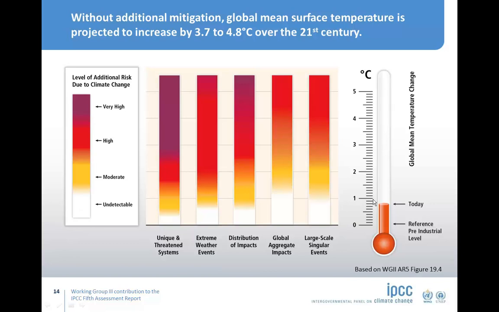Here's our temperature increase, and it's quite a simple diagram, but what you can see, in simple terms, the higher the global warming, the increased risk to threatened systems, extreme weather events, distribution of impacts, global aggregate impacts, and large-scale singular events.